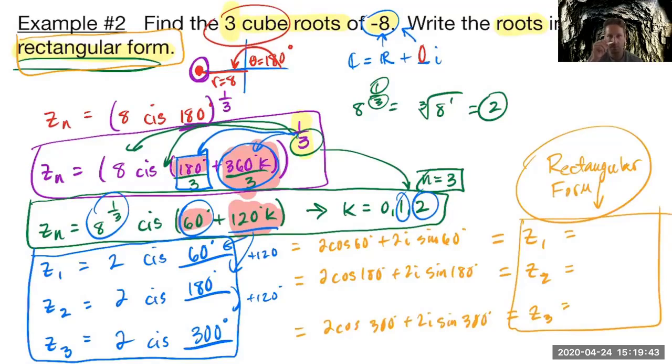So be careful. Remember, if it says cube roots, then you know that's how many roots or answers you should get. If it's fourth roots, fifth roots, same thing. All right. And again, this should look fairly familiar as we've done things like this in the past, but of course, in a different form.